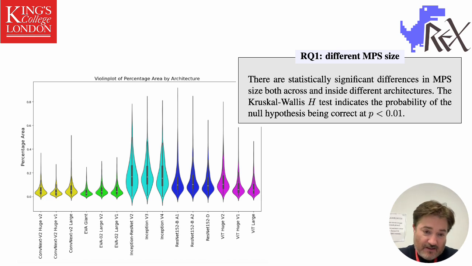We can see here that the Inception models in general have much larger explanations, and the ConvNeXt and the EVA in general have the smallest. In fact, there are statistically significant differences in MPS size both across and inside the different architectures. We used a Kruskal-Wallis H-test, which is a non-parametric statistical test, to indicate that the probability of the null hypothesis being correct was less than 0.01.